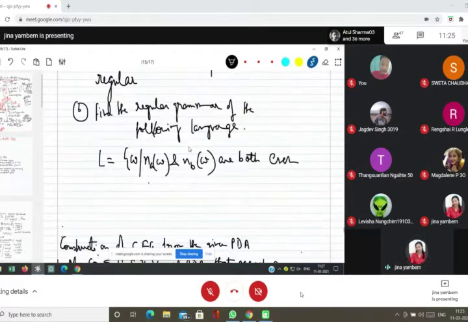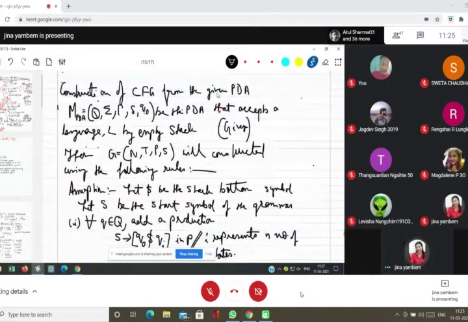Okay, so our target for today's class is that a push-down automata will be provided to us. Whatever push-down automata is provided, we are assuming it accepts the language by emptying the stack. From this push-down automata, we are going to construct a context-free grammar. The main backbone of the context-free grammar is the production rule. Before we proceed to how to construct a production rule from the given transition function of the push-down automata, we are assuming two things.